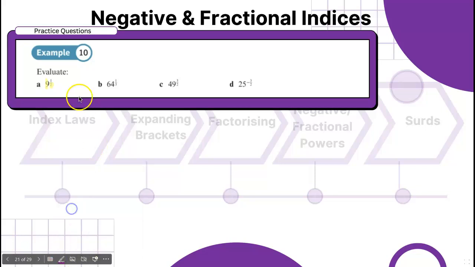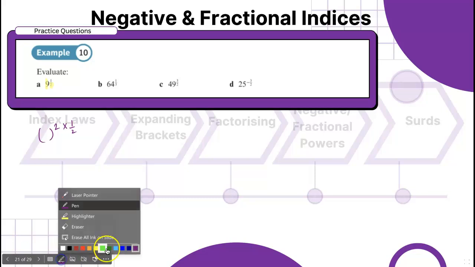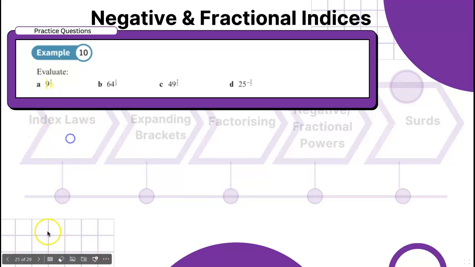So you actually have to write this 9 as the square of something, and outside you have a half. So this half I'm copying, and the inside number you have to write as the square of something.